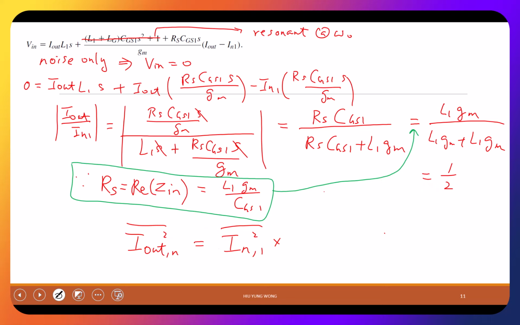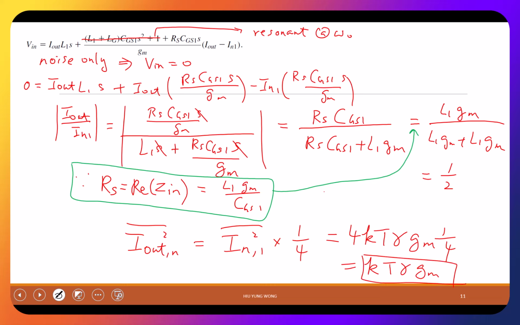Just the whole thing divided by 4. Okay? Which is equal to what? What is the IN1 square? 4KT gamma GM. Very good. Which is equal to KT gamma GM. Okay? So this is the output current noise. Okay, so we finished this step. Any questions?